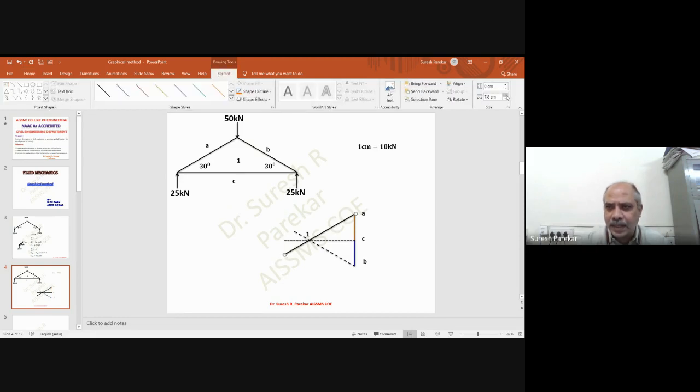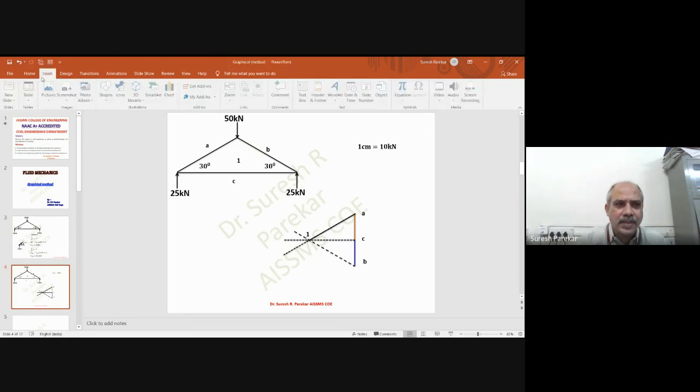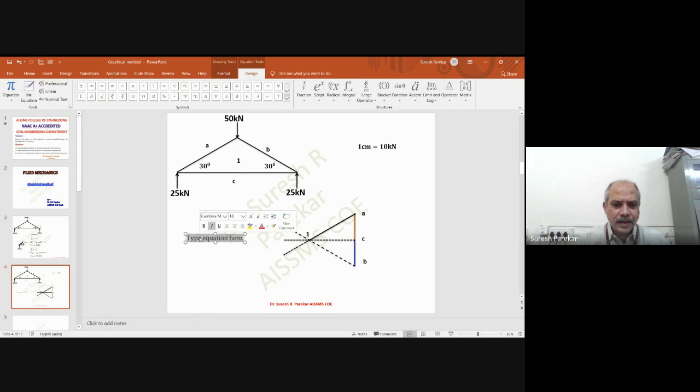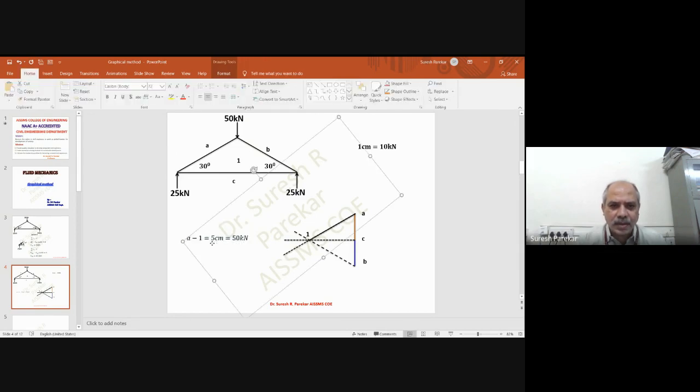Now you can make it large and you can see this. So we have this as exactly 5. So A1 we have 5 centimeters. A1 equal to 5 centimeters, which is equal to 50 kilonewtons. You can see in this we have the force as the same 50 kilonewtons.